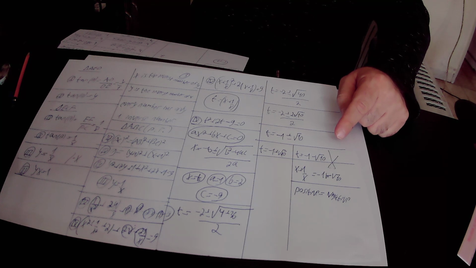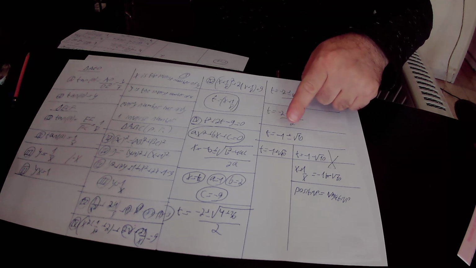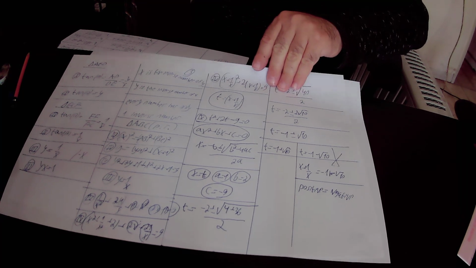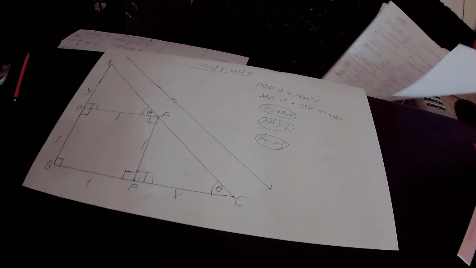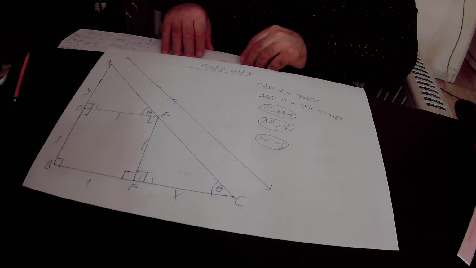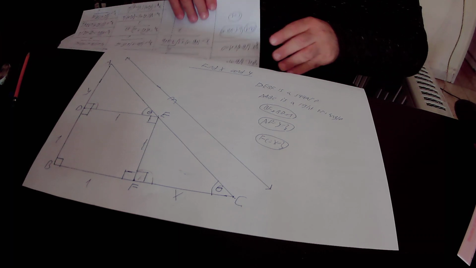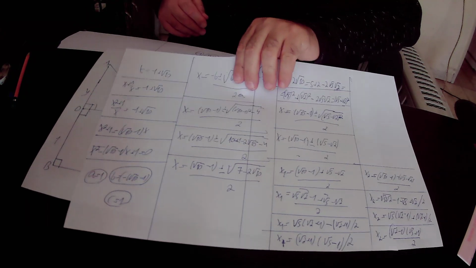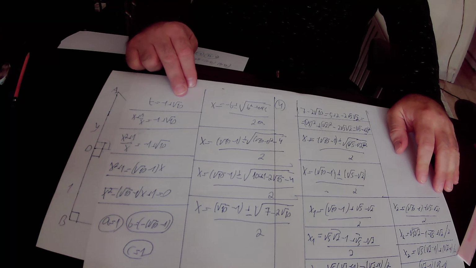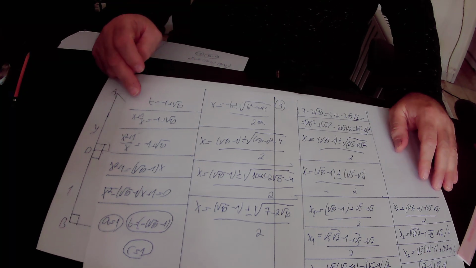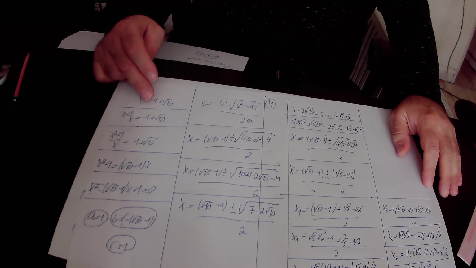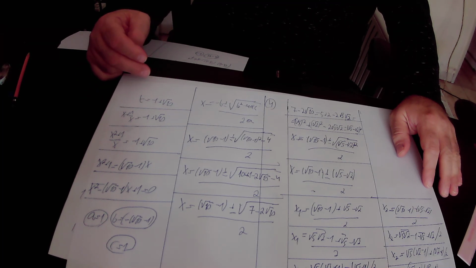We cancel this solution, and we are left only with the solution that t equals minus 1 plus square root of 10. Okay, so we found out that the solution for t is t equals minus 1 plus square root of 10, and t according to our definition is x plus 1 over x, and it equals minus 1 plus square root of 10.